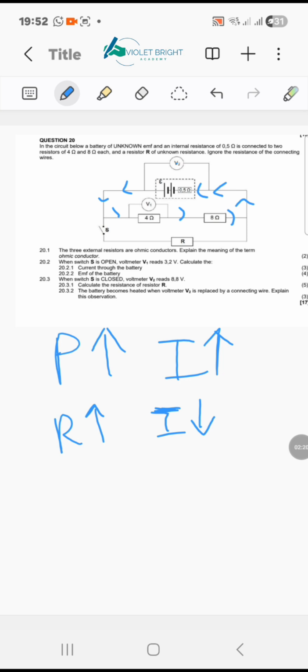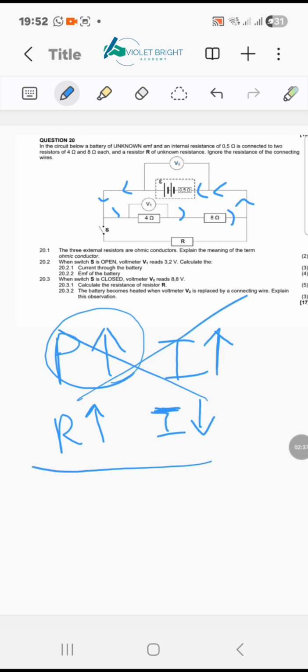So ohmic conductors obey Ohm's law, which means that if the potential difference across one of the conductors increases, the current will increase. But if they are non-ohmic, they don't obey Ohm's law, which means they go by their own rules.